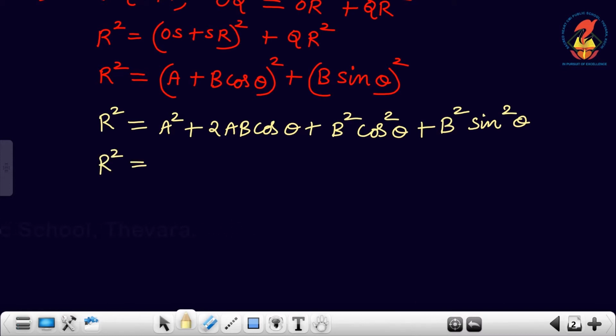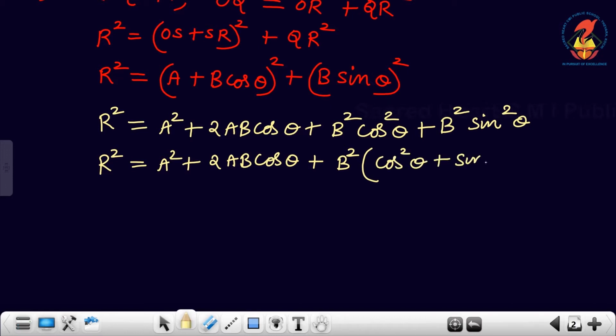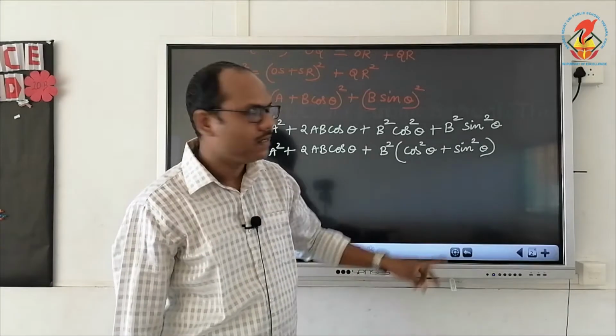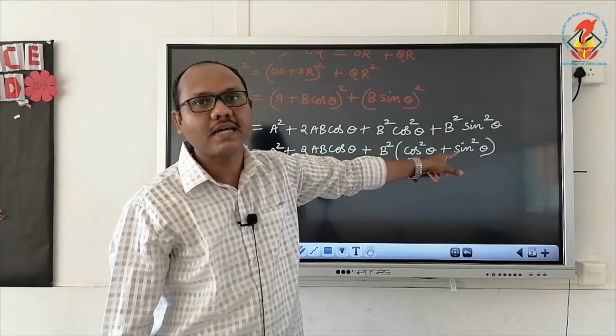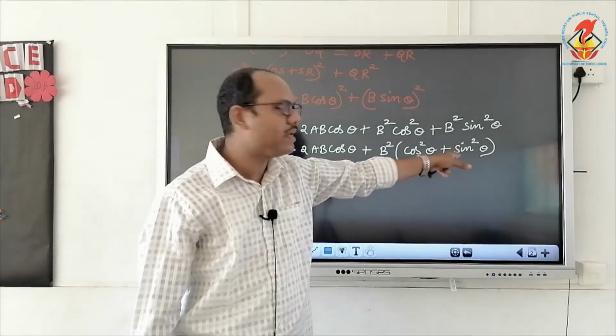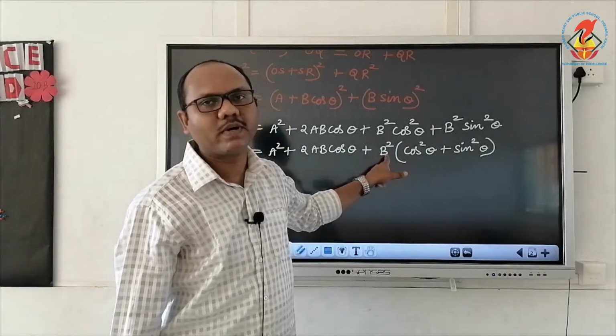Now I write like this: R square is equal to A square plus 2AB cos theta plus, I take B square common from these two terms. I will be getting cos square theta plus sin square theta. We have studied in class 10 that cos square theta plus sin square theta is equal to 1. So this will become 1 and you will get B square only.